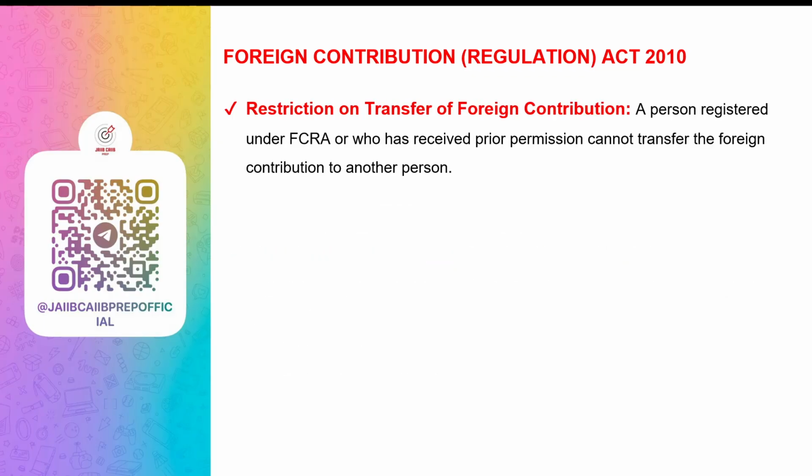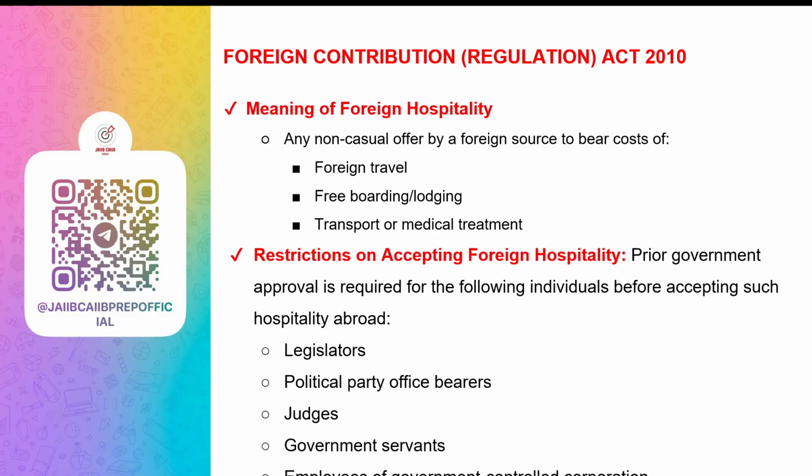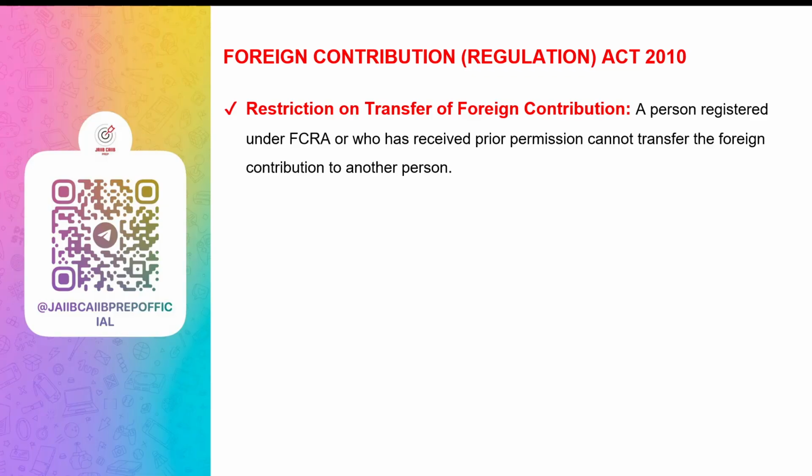Then this restriction on foreign hospitality. So all of them have to take the central government's permission if they want to accept the hospitality. The reason is to avoid foreign influence on people in important positions.